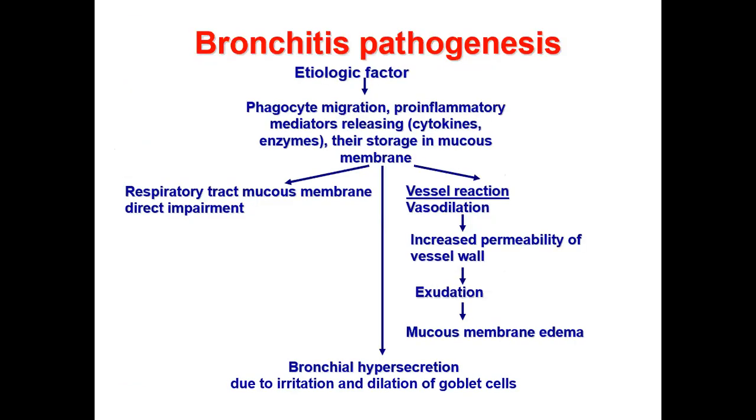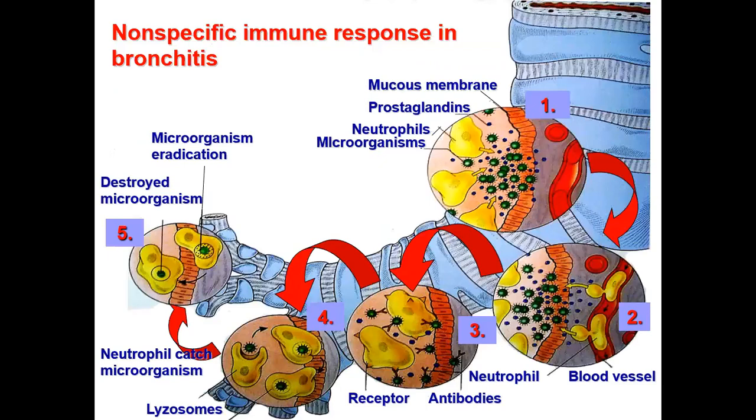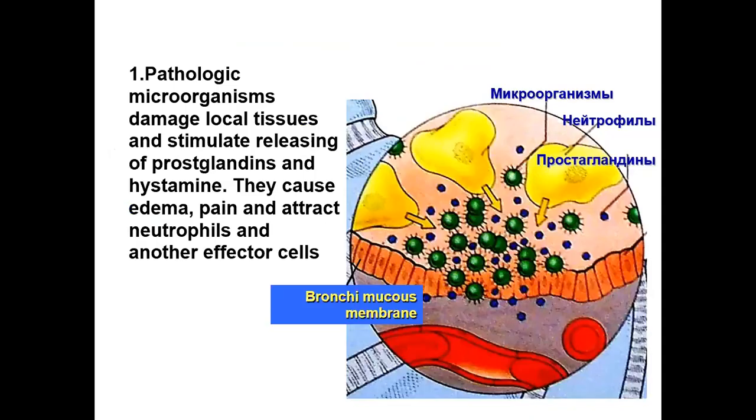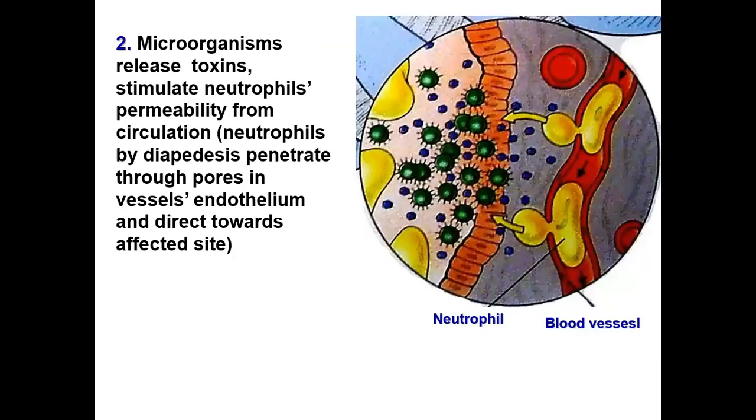Bronchitis pathogenesis is a mechanism of pathogenesis. We will describe this mechanism one by one. First, pathologic microorganisms damage local tissue and stimulate the release of prostaglandin and histamine. This can cause edema, pain, and attract neutrophils and other effector cells.